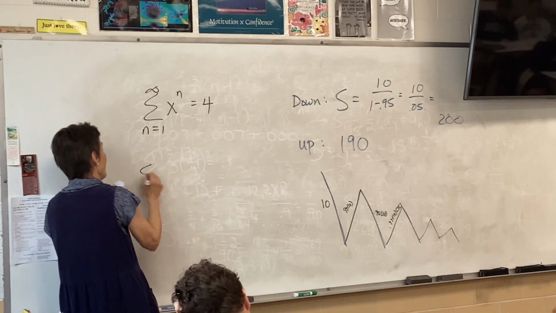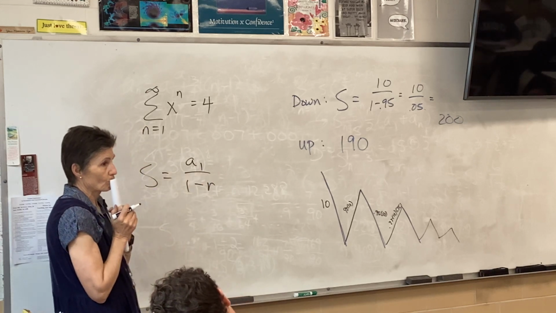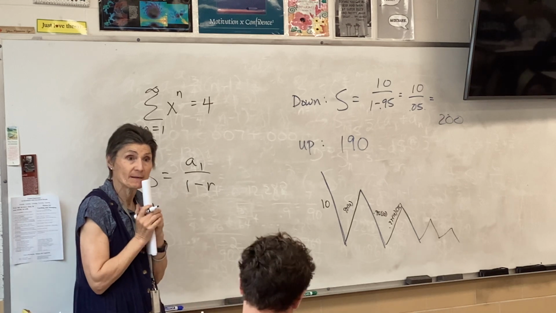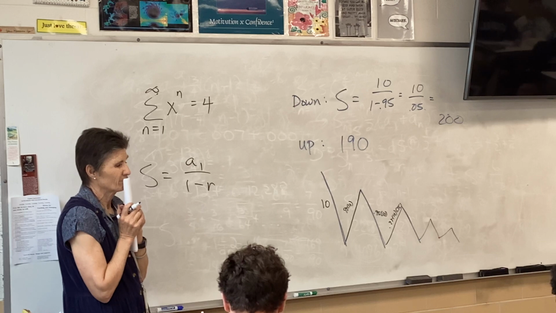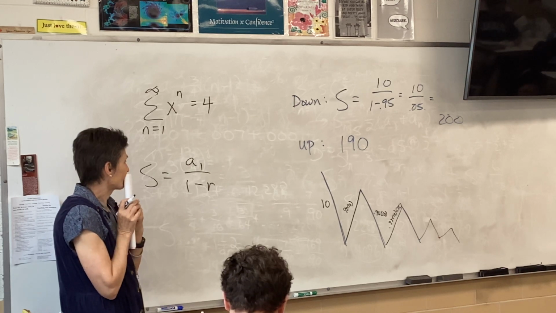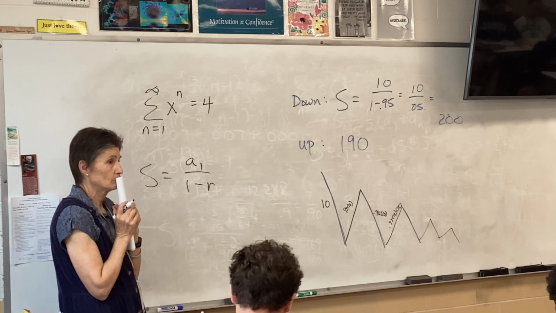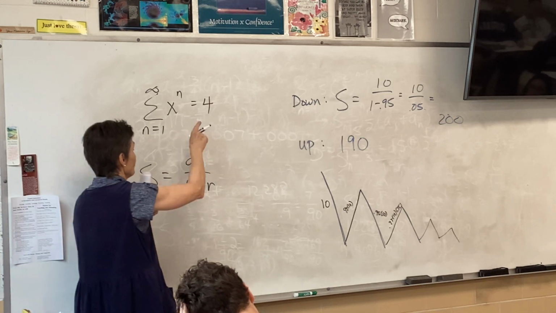Is it kind of implied that I'm going to be using this formula right here? That is the only formula that adds infinitely many things. Any thoughts? What's the first term?